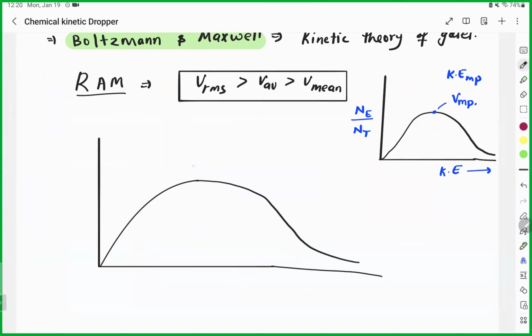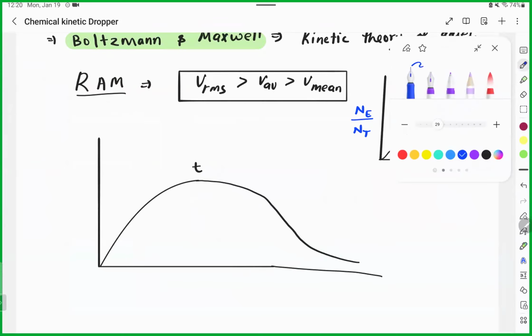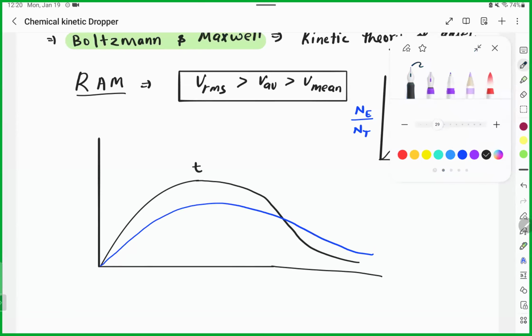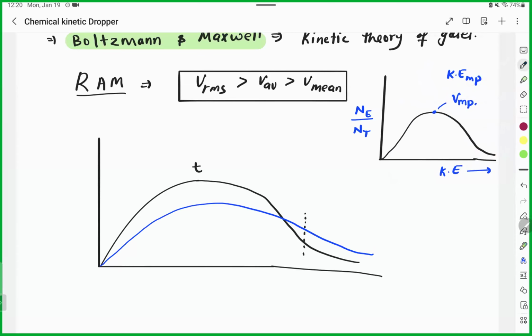For example, here you have temperature T. If you increase temperature by 10 degrees Celsius, more number of molecules will have higher energy. You know that we want the maximum number of particles to have the activation energy.